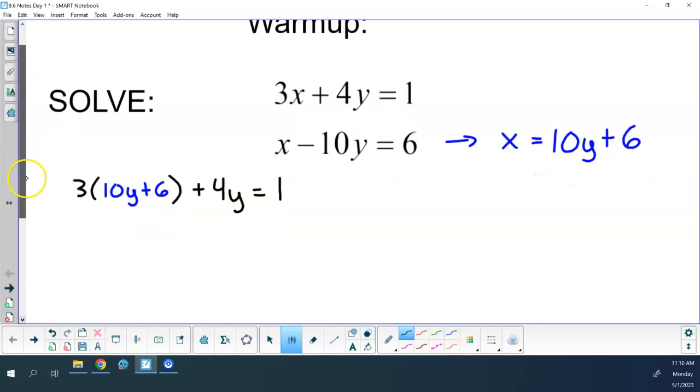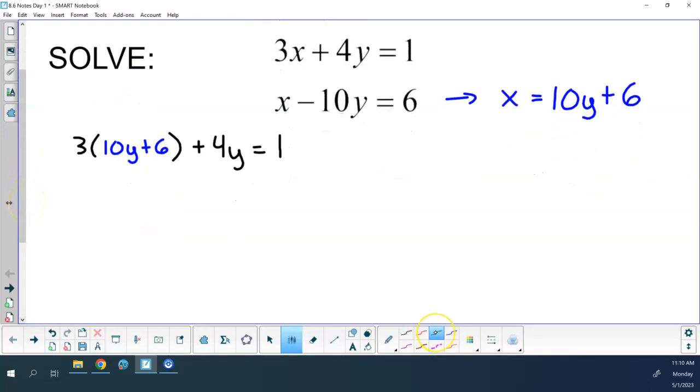Okay. So I would distribute the 3, gives me 30y plus 18 plus 14y plus 4y equals 1. That gives me 34y equals negative 17.